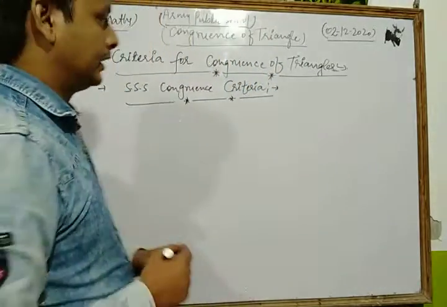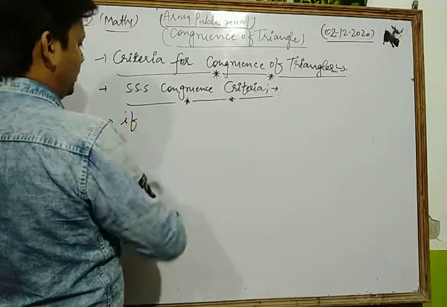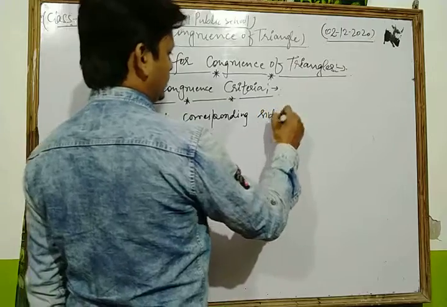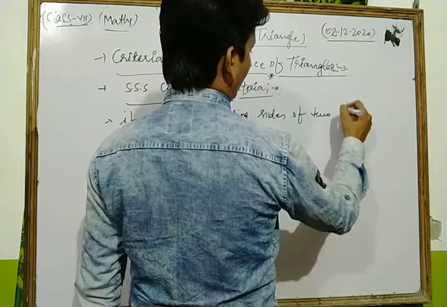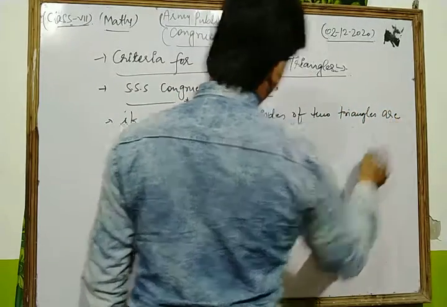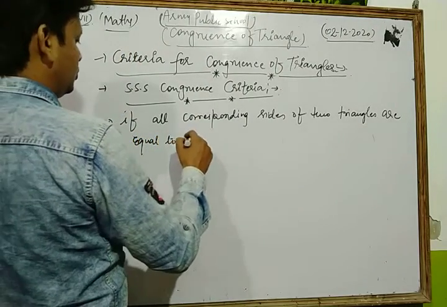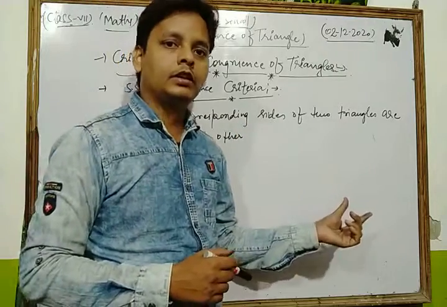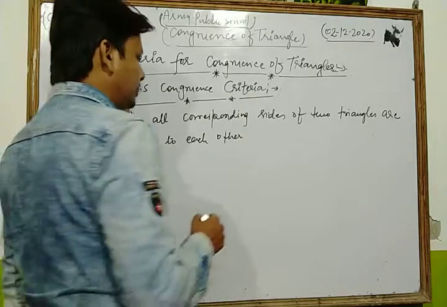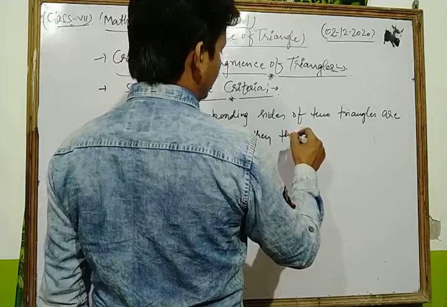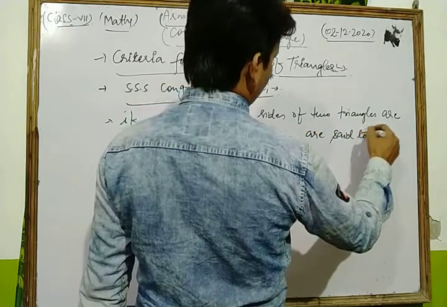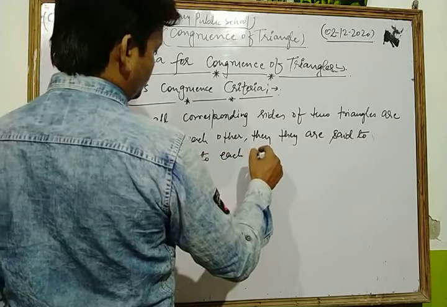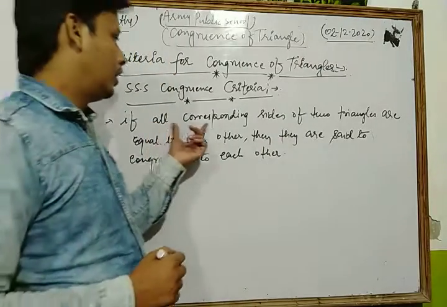Dear students, according to this criterion, if all corresponding sides of two triangles are equal to each other, then they are said to be congruent to each other.